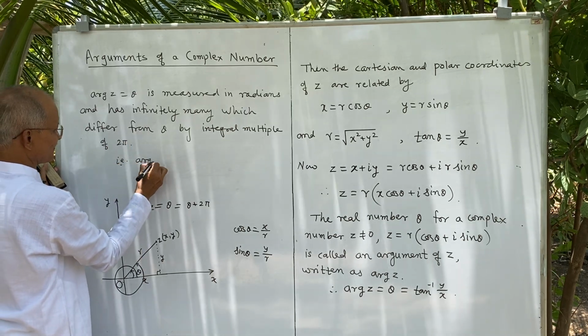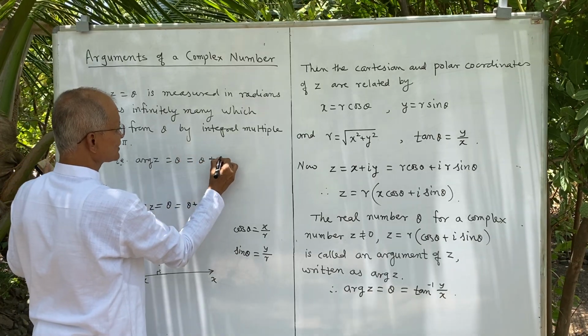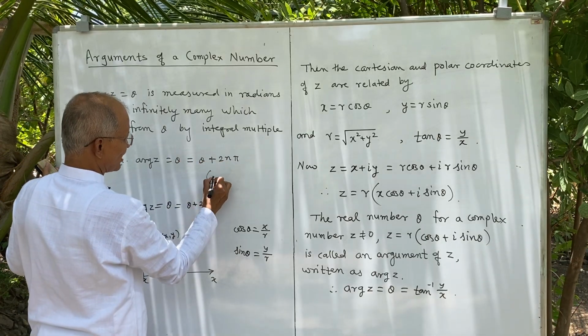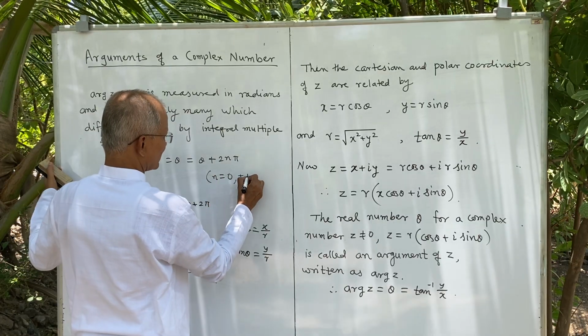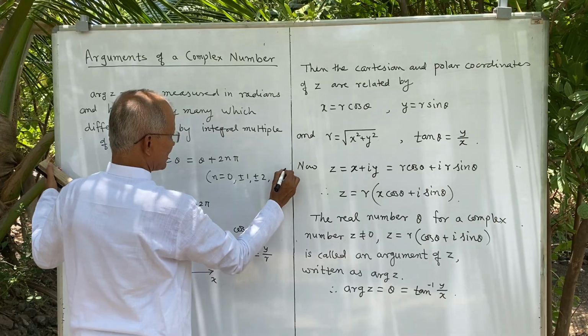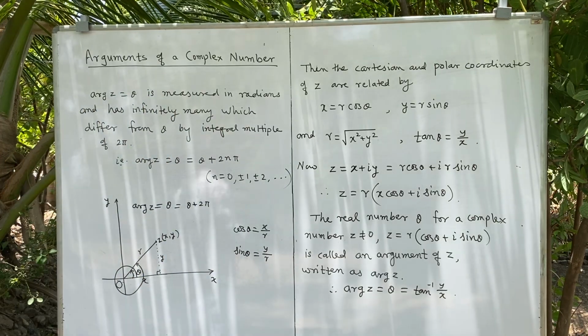So argument z is equal to theta, and that is again equal to theta plus 2n pi, where n is an integer, positive or negative. And thus there are infinitely many values of argument of z.